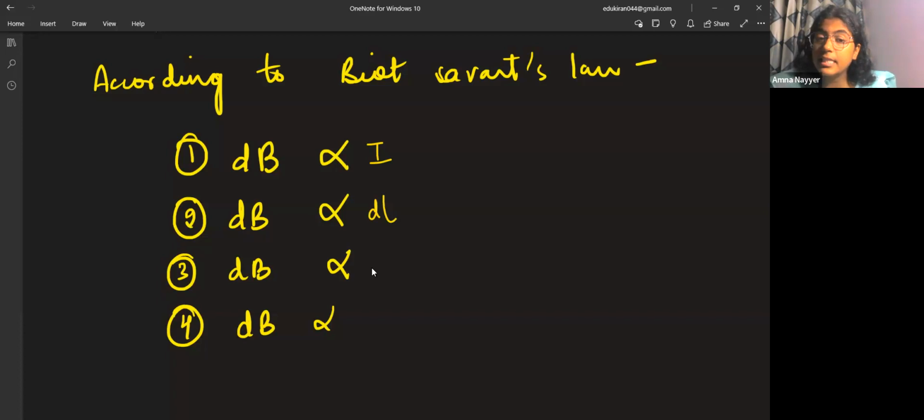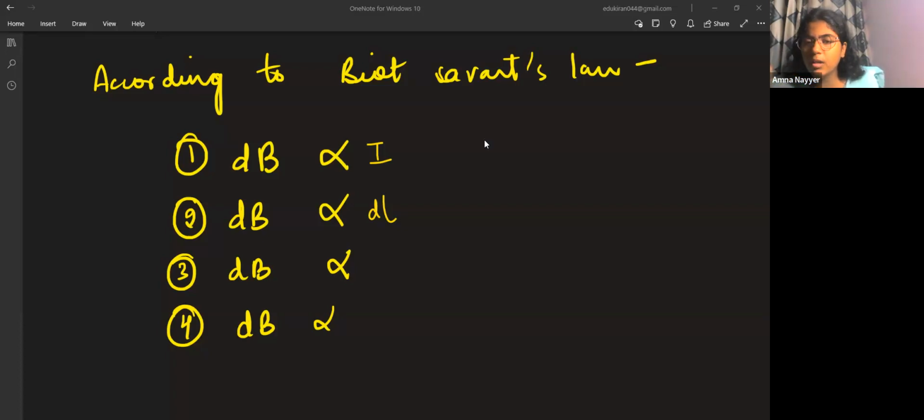Thirdly, remember we had seen the angle between the dL. What is current element? Current element is just a small segment of wire which I've taken. Suppose if this is a wire, if I take this small part, that is known as current element. Every time it is not easier to define the entire length of wire, so we take dL.